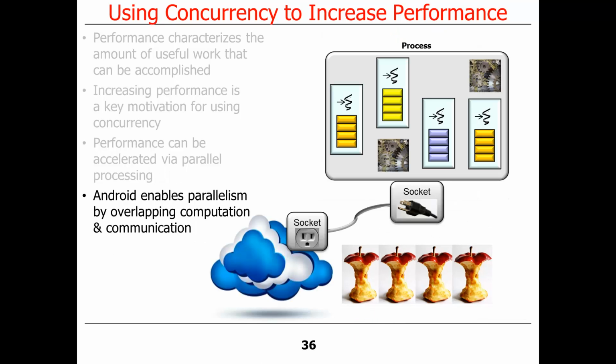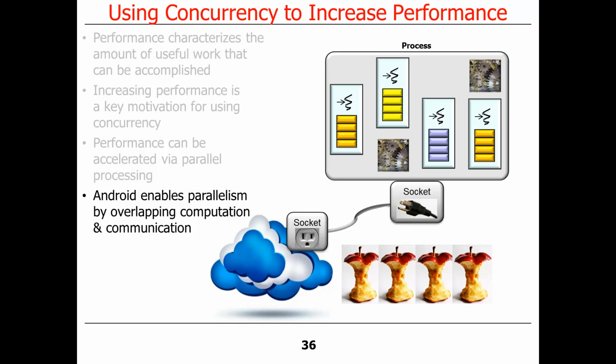Android has a variety of ways to enable parallelism. The most common way you use parallelism on Android is by overlapping computation and communication. So you can have, just like for the examples you're doing here, or maybe to think a little bit outside the box, because your current application doesn't really showcase this for assignment 3, but you could make it showcase it.